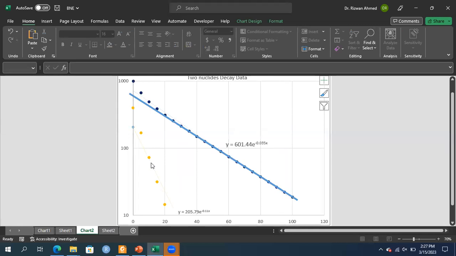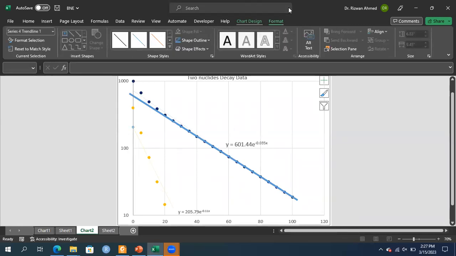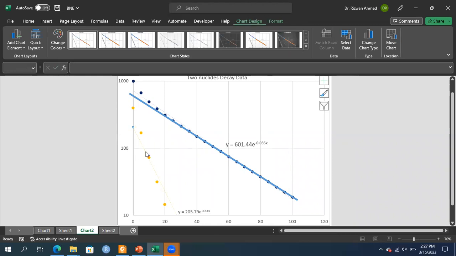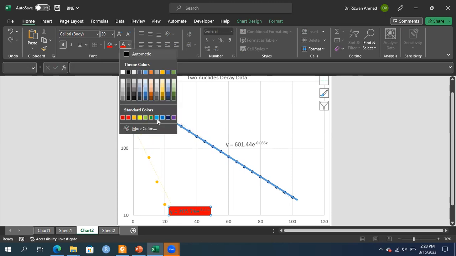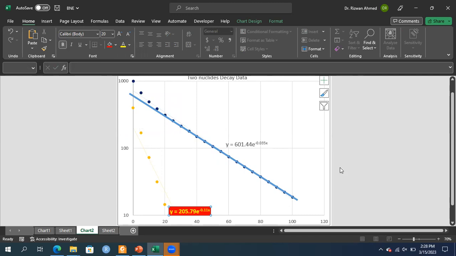The line is a straight line, okay, and the equation is 200 e to the power minus 0.11 x.